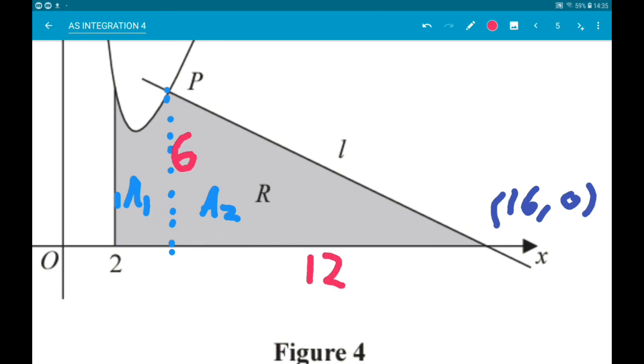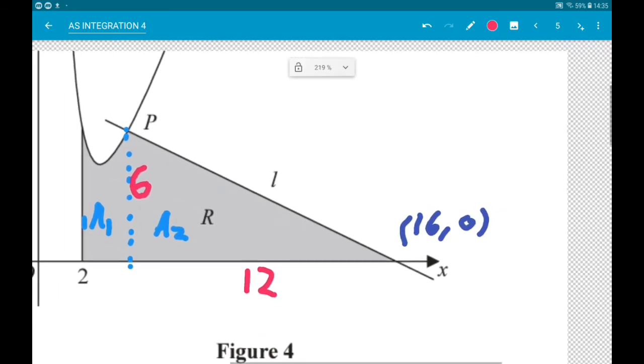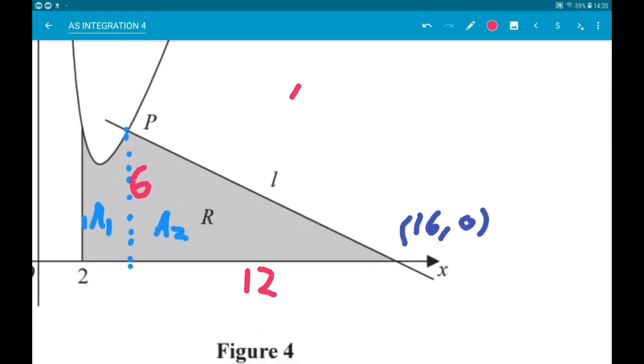Now this means then that A2 is 12 times 6 over 2, which is 36.